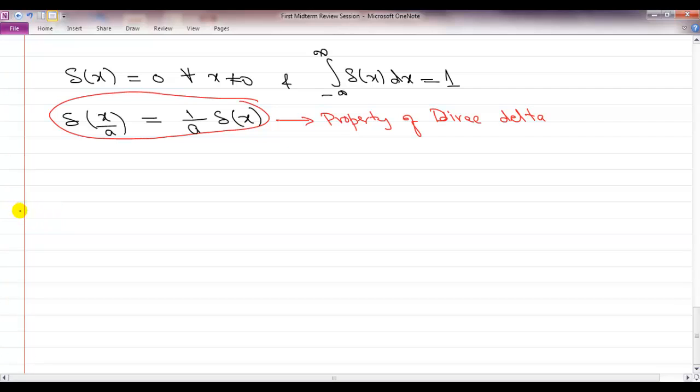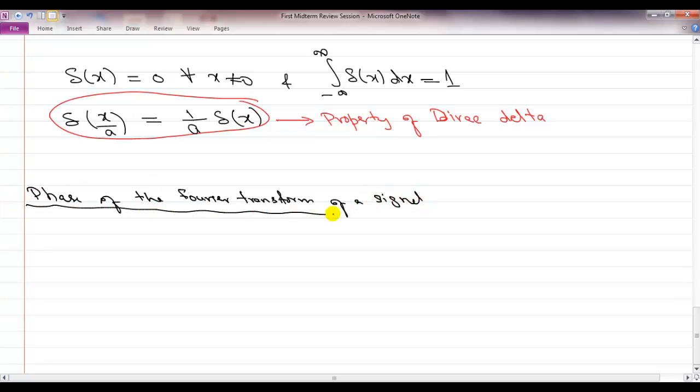So the next question that is asked is about phase of the Fourier transform of a function. Of a signal which could be discrete time or continuous time. So I'll take the example of just the discrete time Fourier transform. The idea for continuous time Fourier transform is pretty much the same. So what you have is x of e to the j omega.